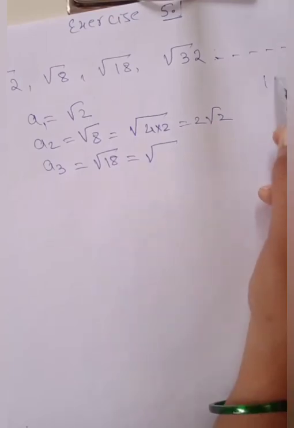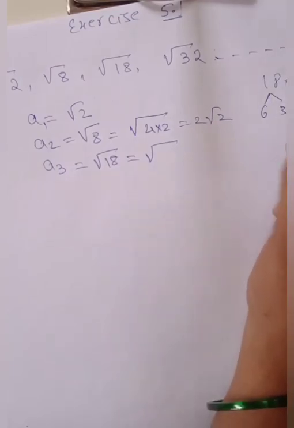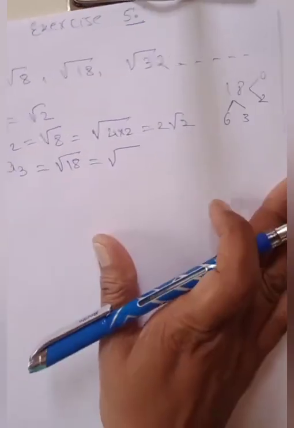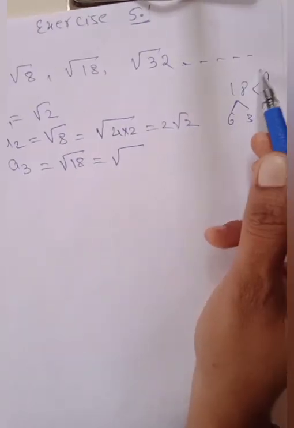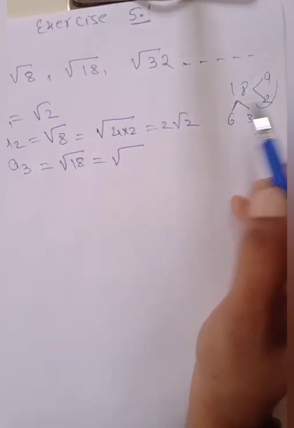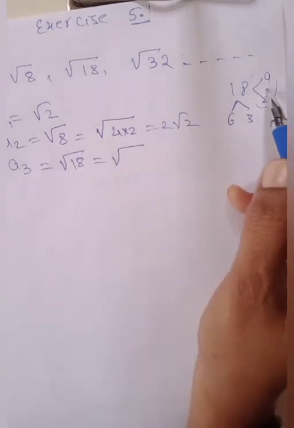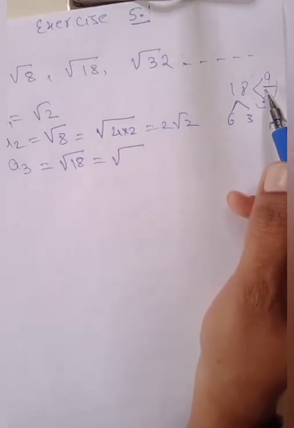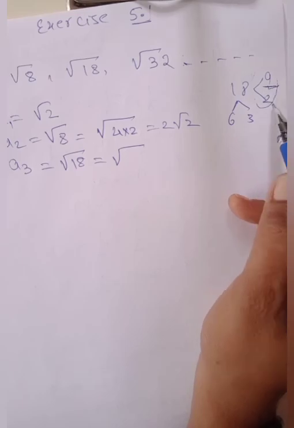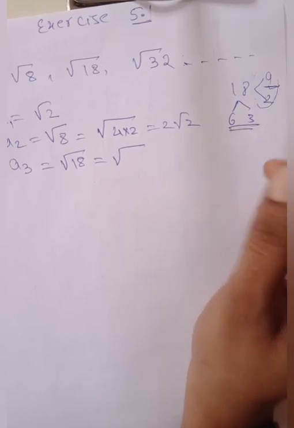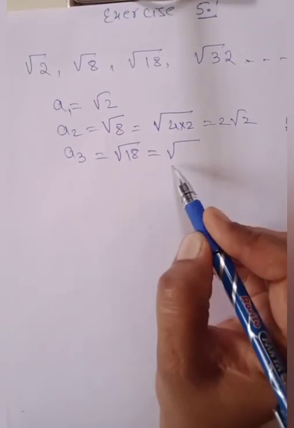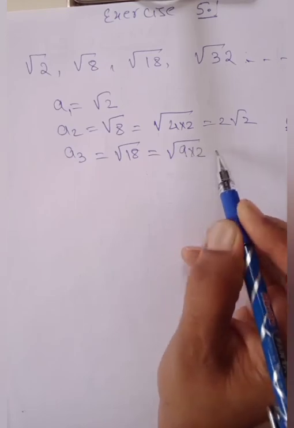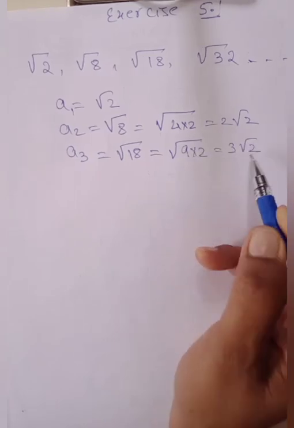Even 18 can be written as 6 threes are 18, and 9 twos are 18. I am writing 9 twos are 18 because this is under the root, and root 9 is 3. Because of that, you are selecting 9 and 2, not 6 and 3. Now root 18 can be written as root of 9 into 2, which is equal to 3 root 2.